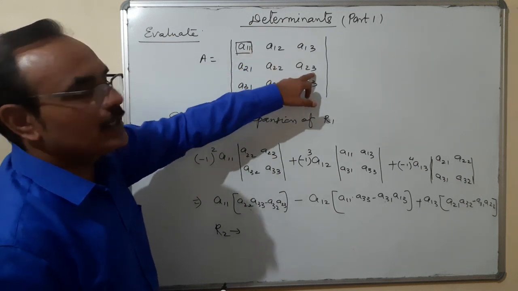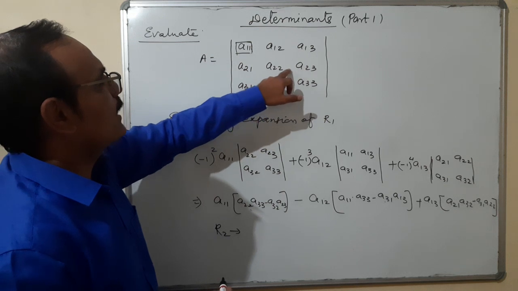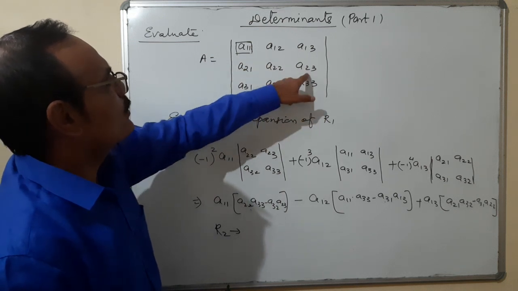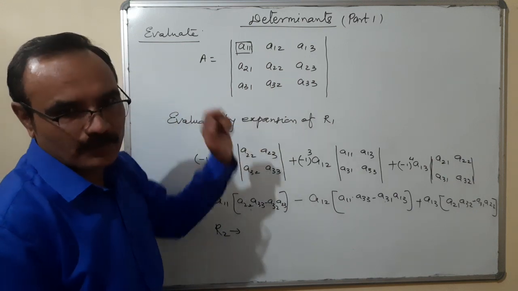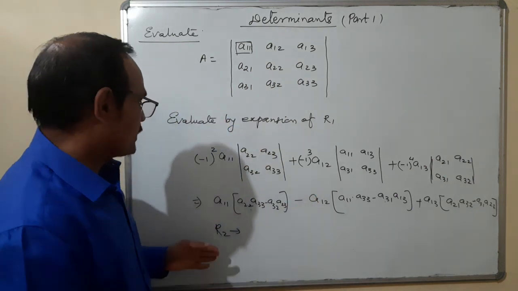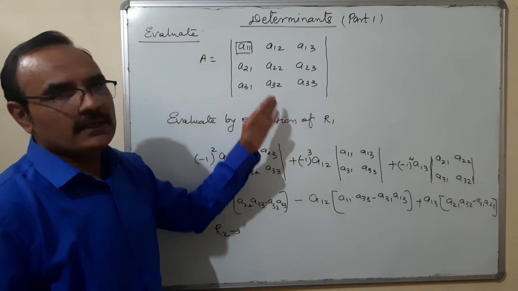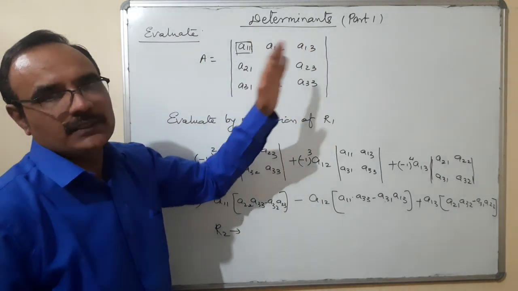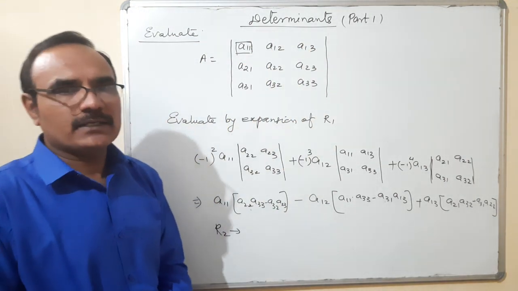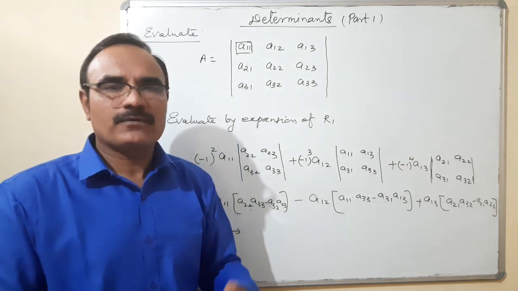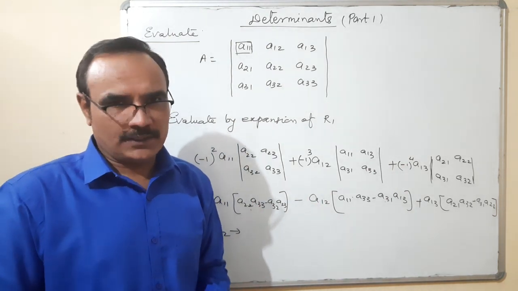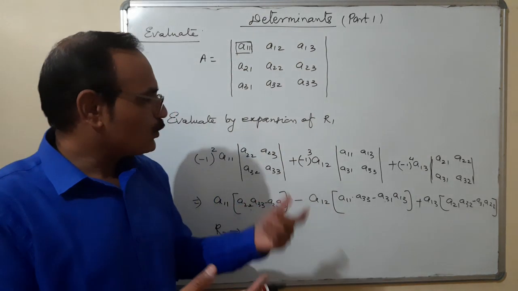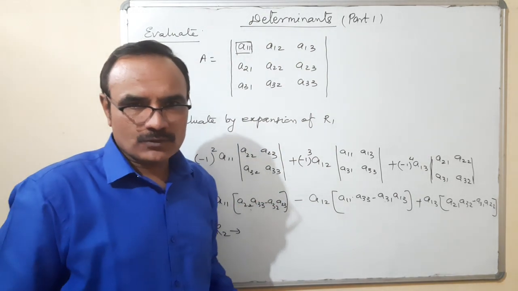And the third one is A23 with minus 1 to the power 5, leaving its column and row, with A11, A12, A31, A32. And solve it. Same as we can expand by R3, C1, C2 and C3. We can find the value of a determinant with the help of any expansion R1, R2, R3, C1, C2, C3. Now I am taking one or two questions for solving.